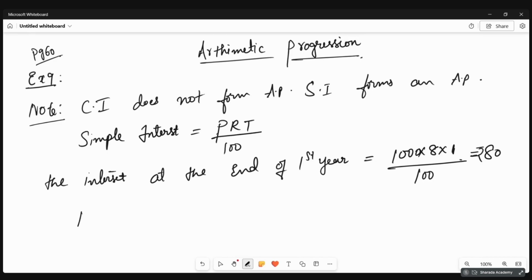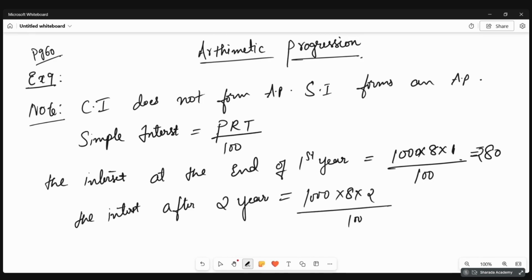Okay. So the interest at the end of the second year, how much will you get? 1,000 into 8 into 2 by 100. That is rupees 160. Together after 2 years, you will get 160 rupees.